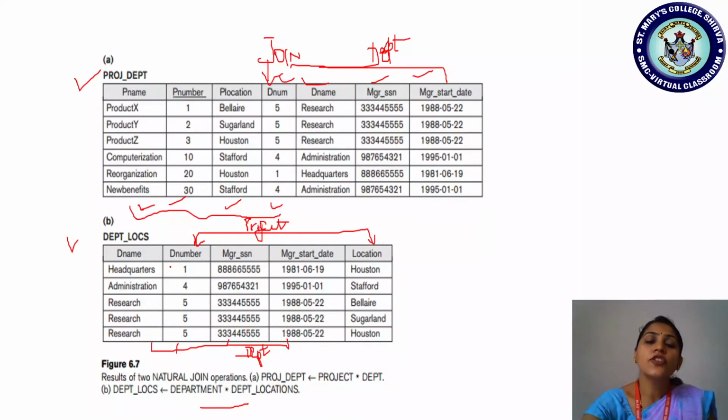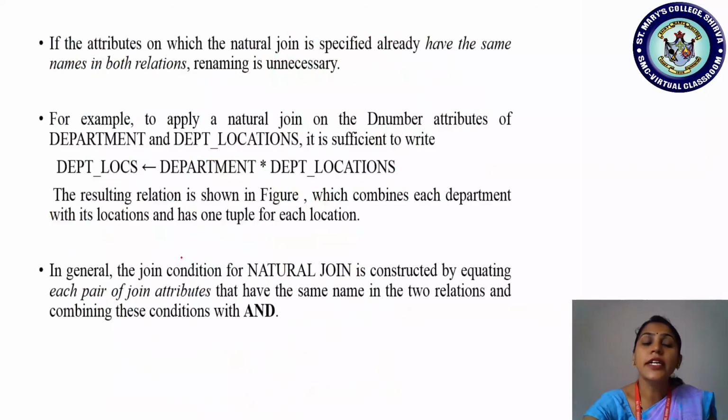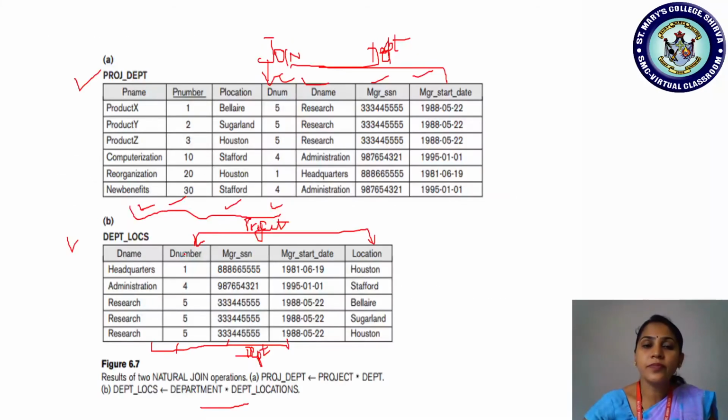So we have renamed the department number or dnum that was present in location as which name? D number. So now the D number becomes common in both the department relation and in which one? The location relation.